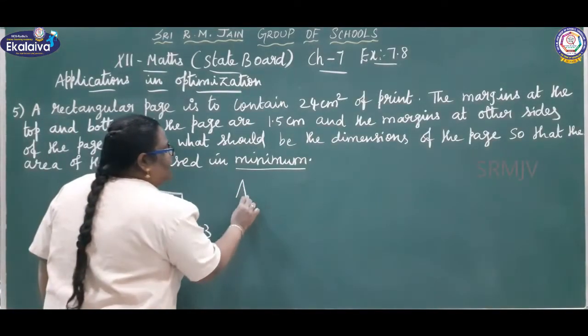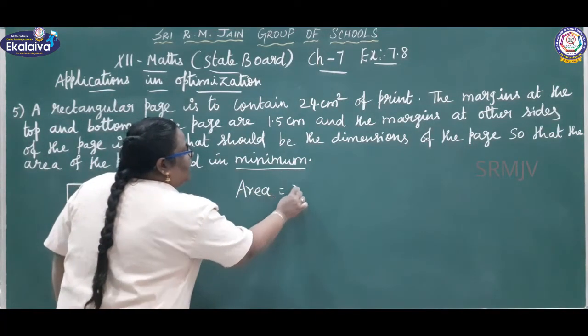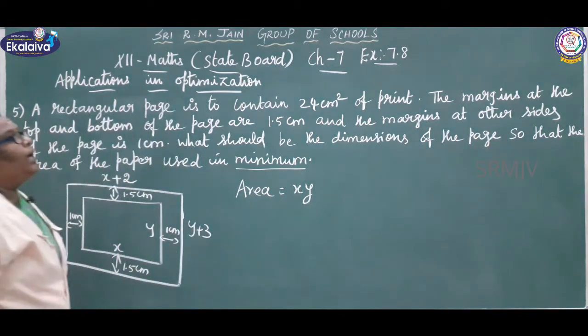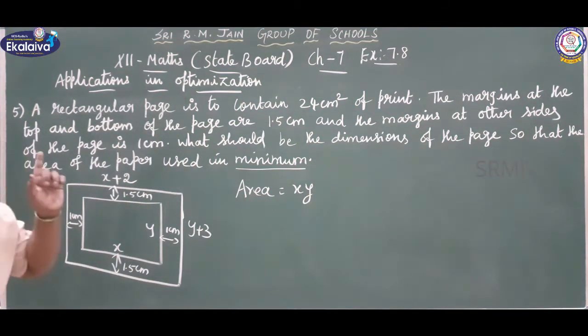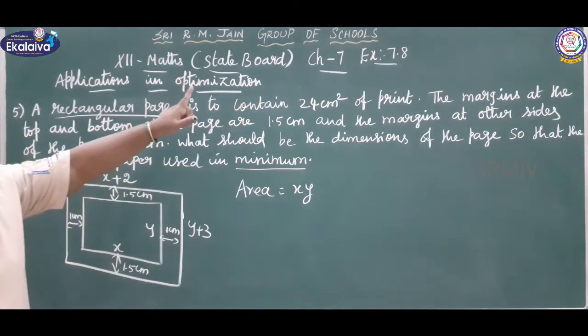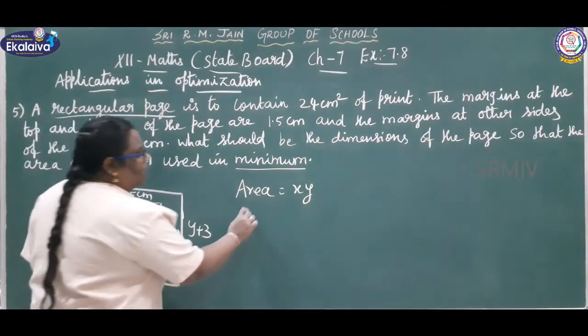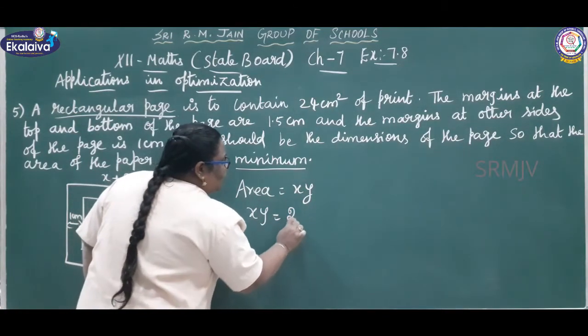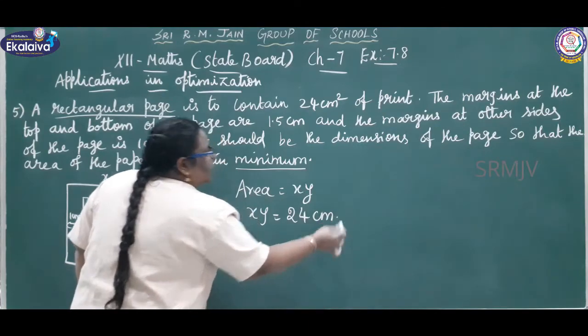What is the area given? Area of the rectangular page, xy, is given as 24 centimeter square. So xy equal to 24.